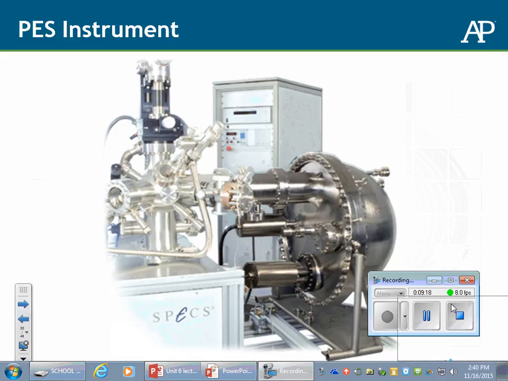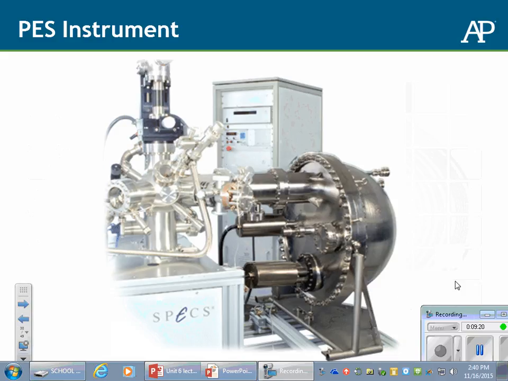So this is the actual tool that is used for photoelectron spectroscopy. It looks a little complicated. But there's this silver drum that has a magnetic field in it. The atoms come down through the chamber in the middle where they are X-rayed, which will knock the electron off, and that flies through the tube and into the drum.